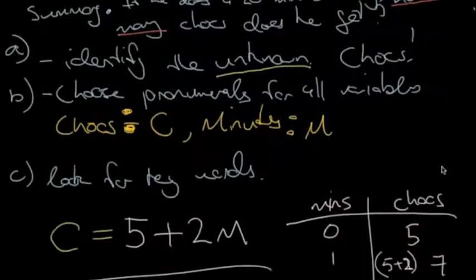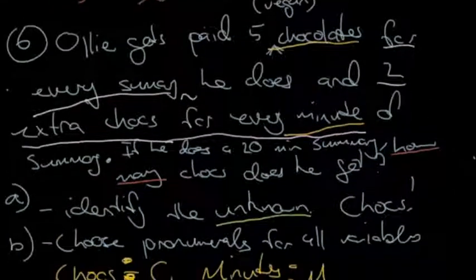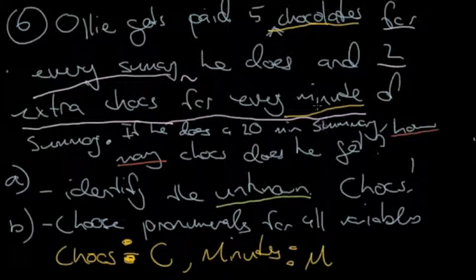All we did was identify the unknown, chocolates, and we knew that that goes on by itself. We chose a pronumeral for all the variables, so chocolates and minutes. It was kind of tricky to find that out, but I guess we knew it was minutes because minutes is the thing that something changes with.